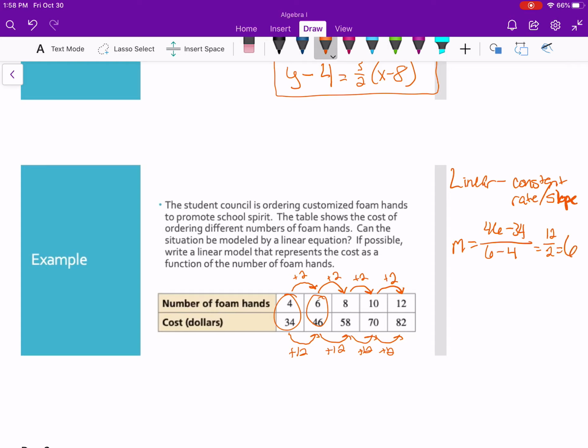And then you can pick any of those 5 points that you want. I'm just going to go with the first one. So y minus 34 equals 6 times x minus 4. And that is a linear equation to represent the cost of foam hands.